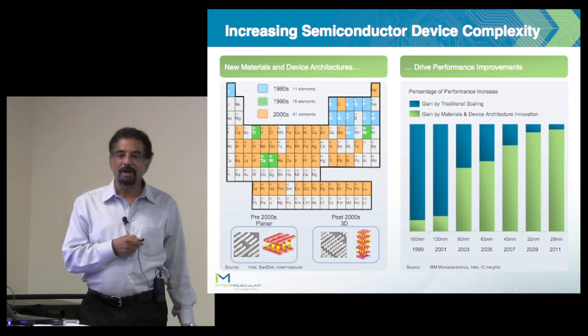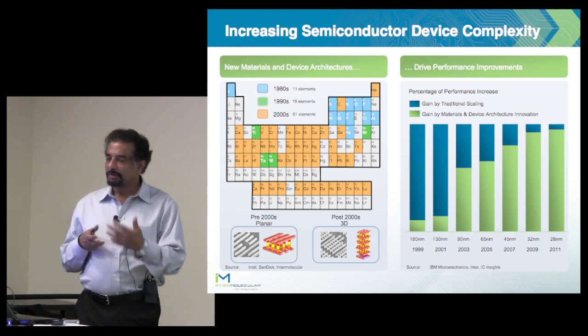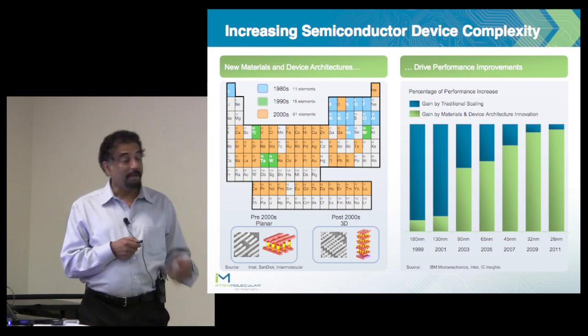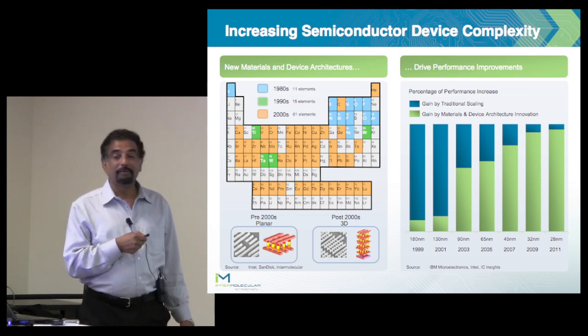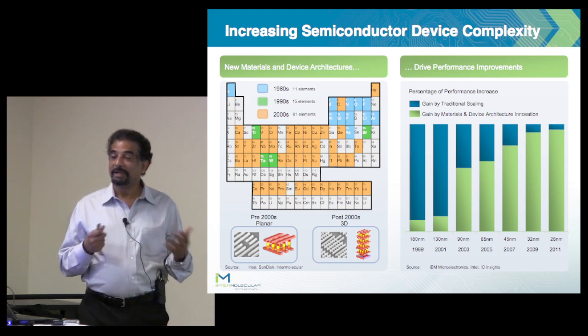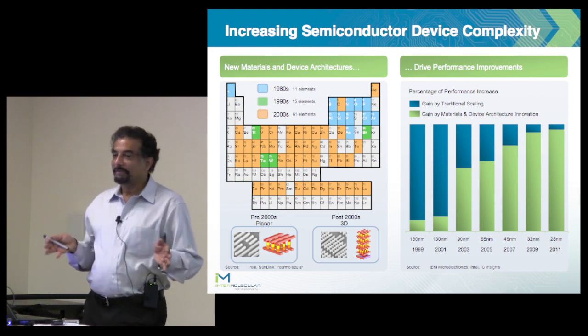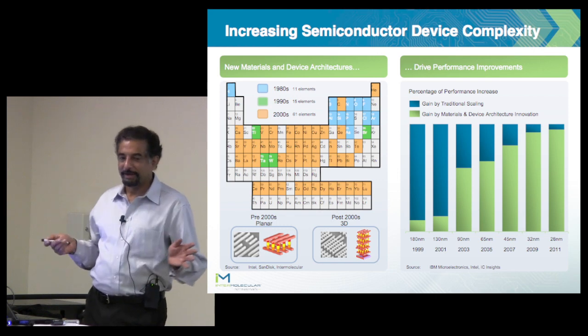And then from the 2000s, as a result of the introduction of all these new innovations in the device level and also in the back-end interconnect, the number of elements that were being investigated exploded dramatically. It's almost like we got to look at everything in the periodic table except the radioactive elements.